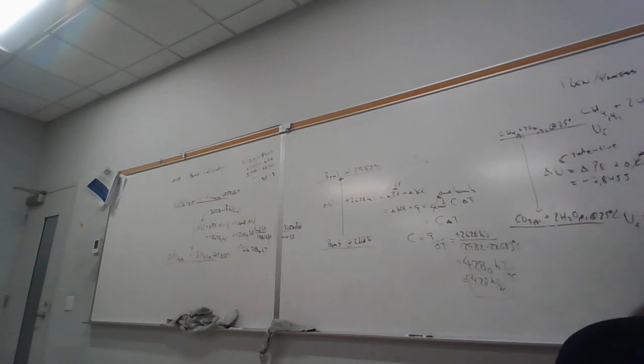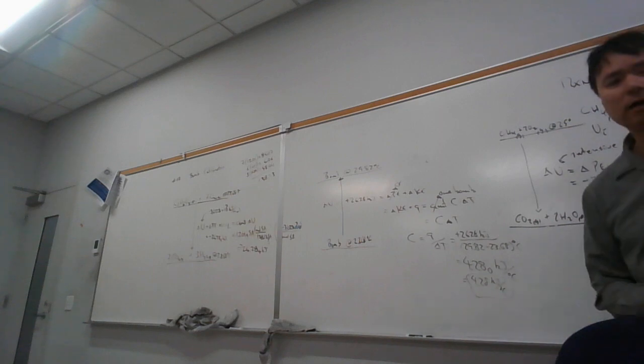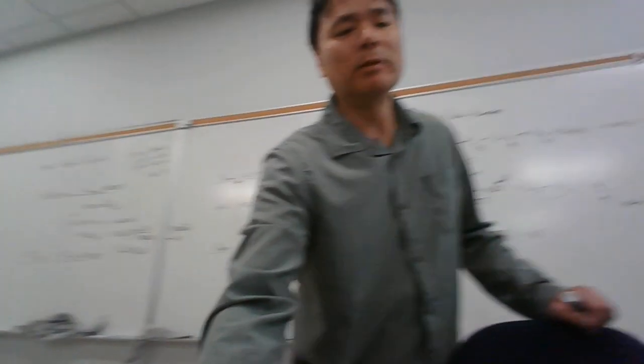And so we can get kilojoules per gram of methane, but typically it's written in kilojoules per mole, so we'll just convert grams to moles and we can get kilojoules per mole of methane. And that's what we end up with. So once we do that, then we can figure out how much methane we need to burn.